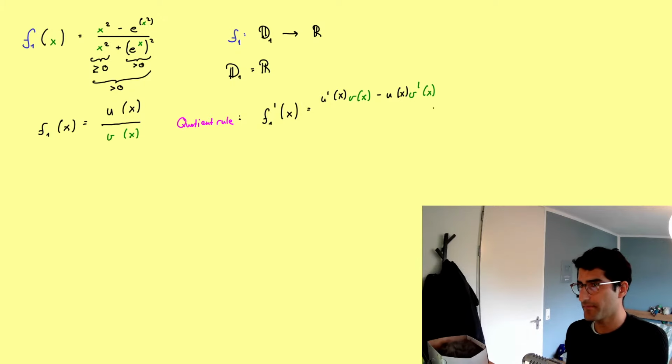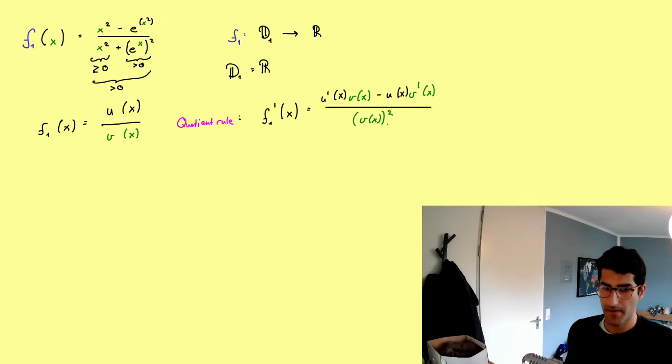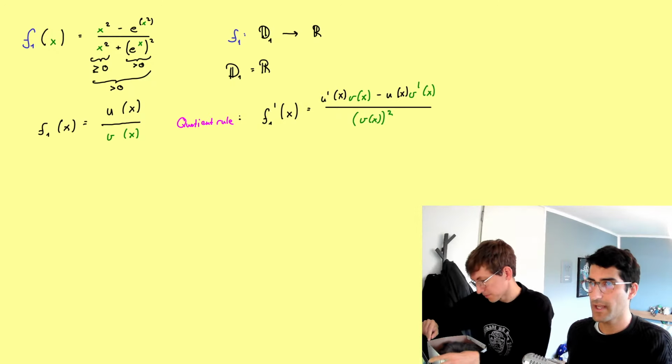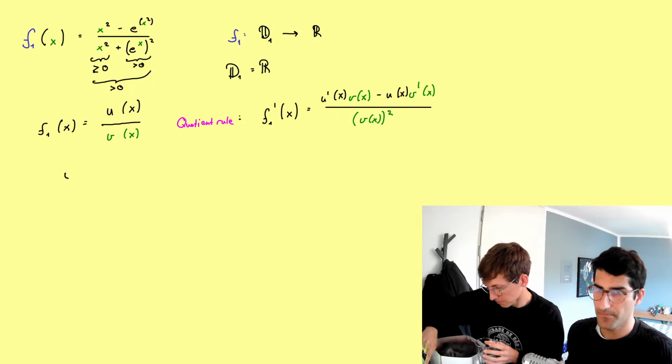And in the end, we divide everything by v of x squared. All right, so this is the general rule. What we need to do in the next step is calculate the derivative of u.